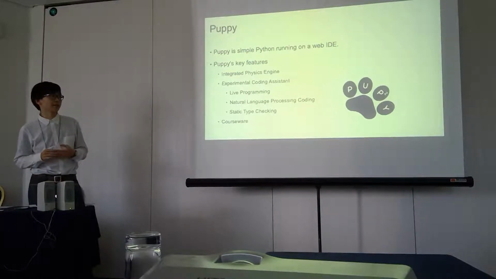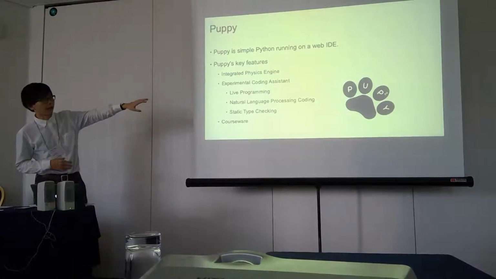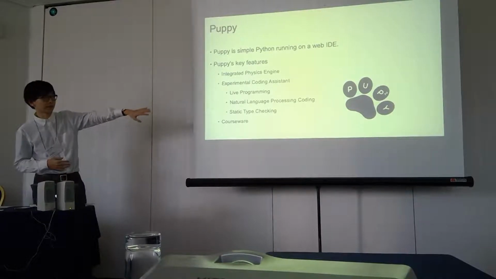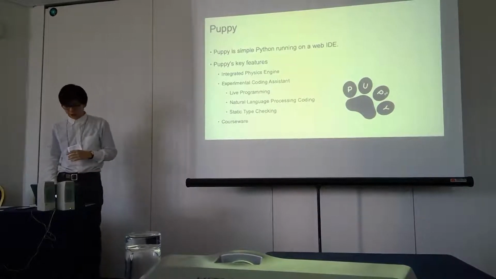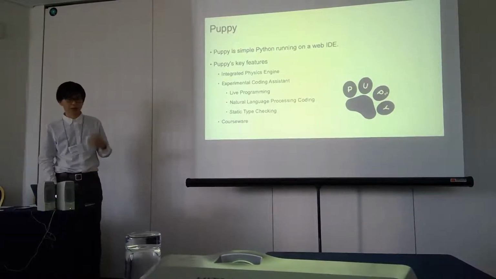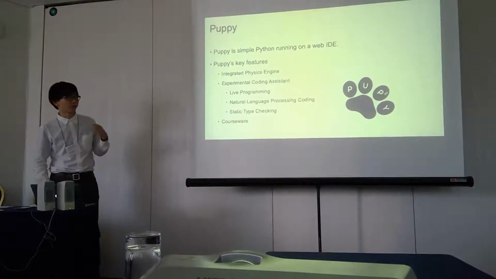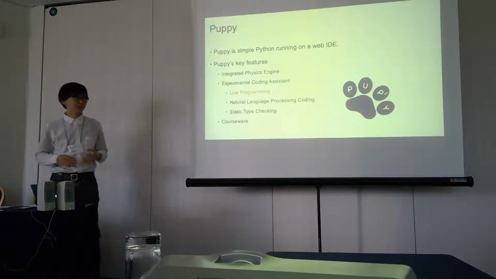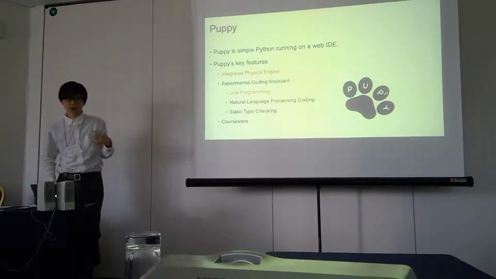And Puppy has three experimental coding assistants: live programming, natural language processing coding, and static type checking. Finally, Coursera supports running Puppy and Python. In this presentation, I focus on, of course, live programming. But before that, let me talk about the integrated physics engine related to live programming.